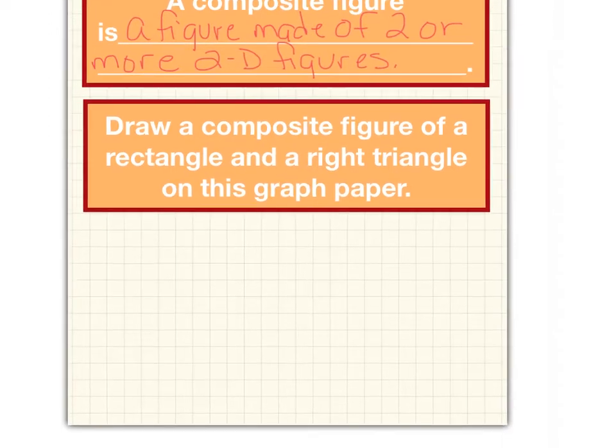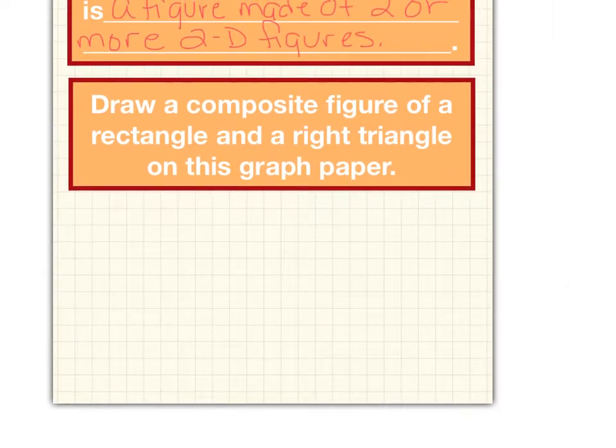So let's draw a composite figure below of a rectangle and a right triangle on this graph paper. Okay, yours may not look exactly like mine, but you'll get the idea. On the graph paper in your notes packet, you should start by drawing a rectangle, and then a triangle.